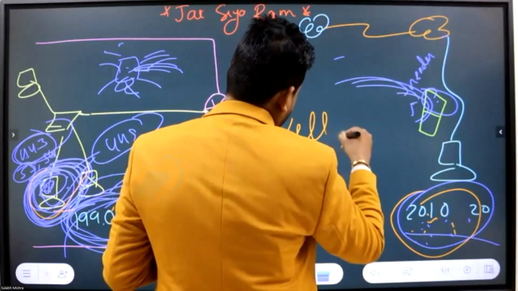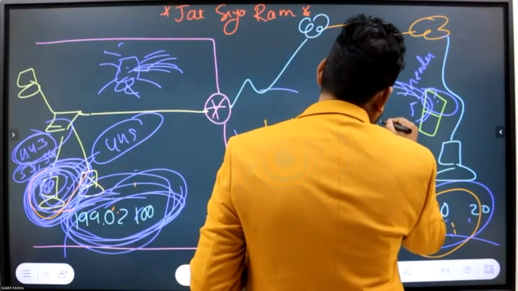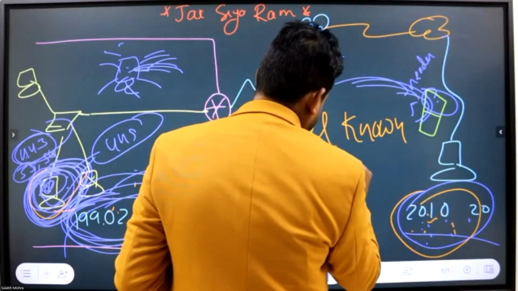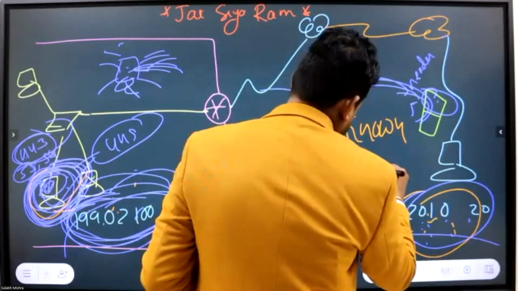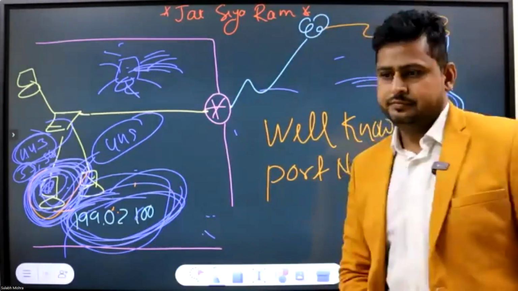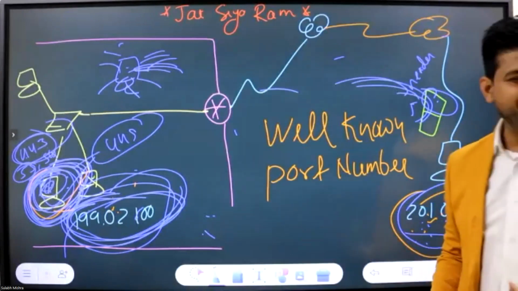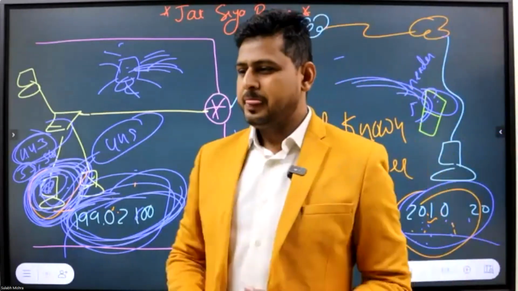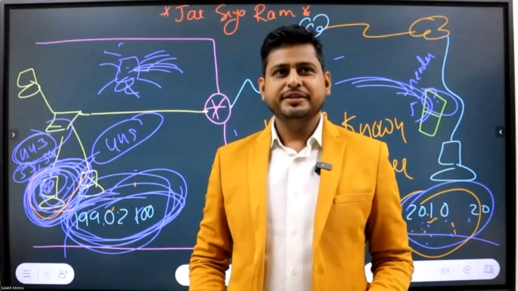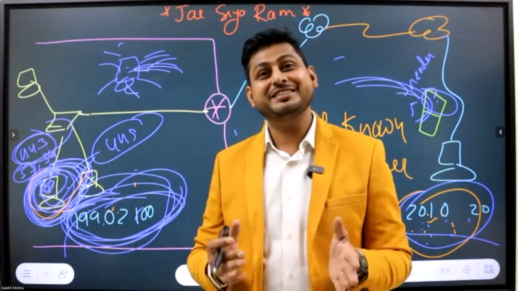Sir, I have a doubt on port numbers. If the communication is happening between the same application, will the source port number and the destination port number be the same? For example, two people from two systems are communicating in an application like Facebook.